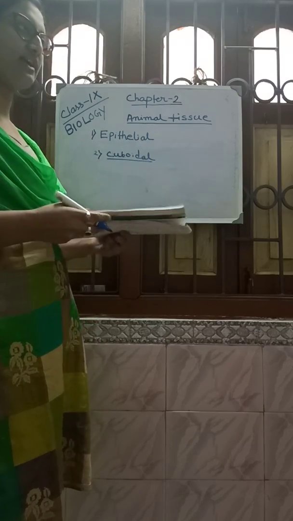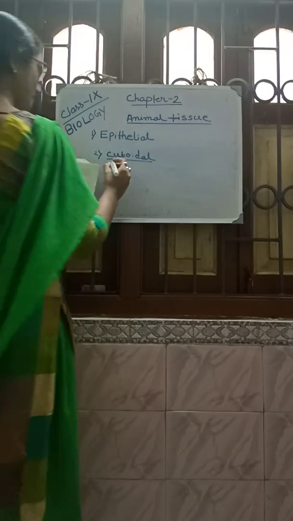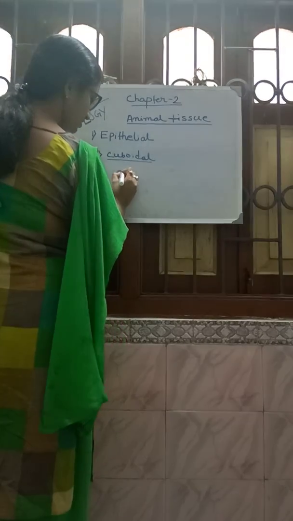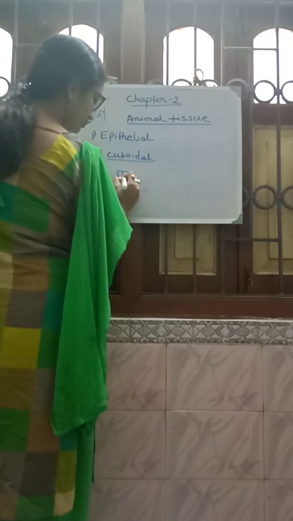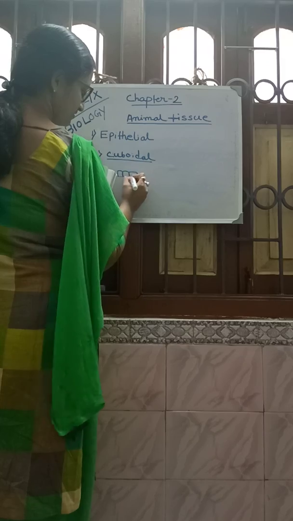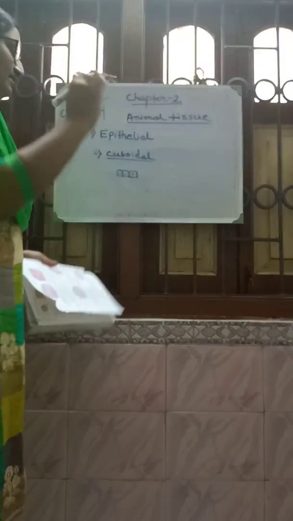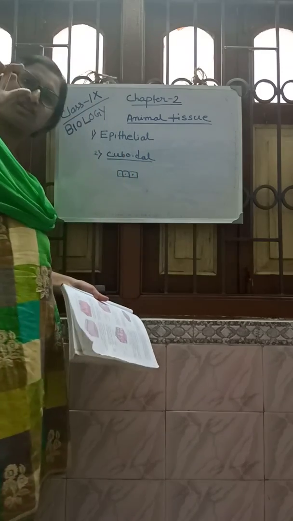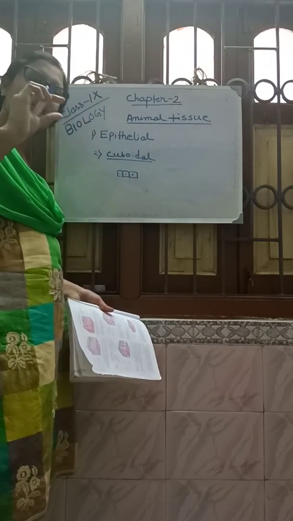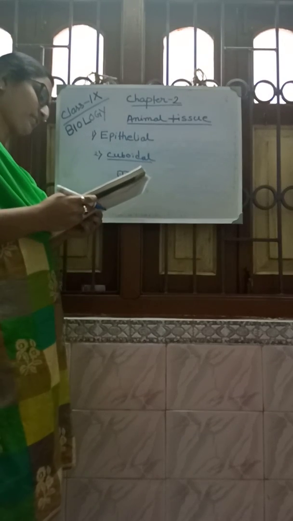More or less, it has equal height and width, a square-shaped structure. It has a prominent nucleus, just like a cube-like structure with the same height and same width. This is called the cuboidal epithelium.